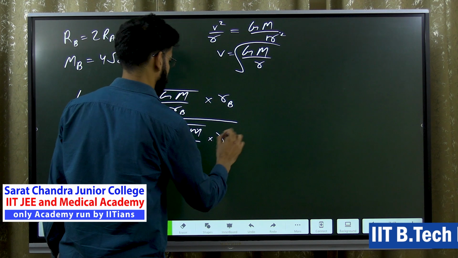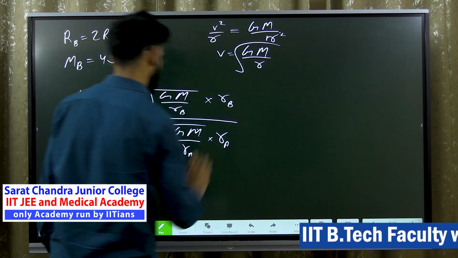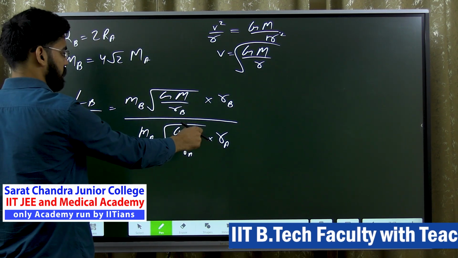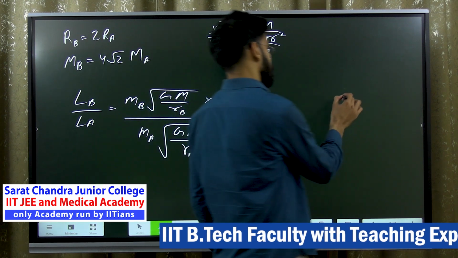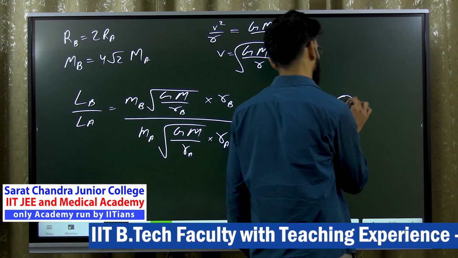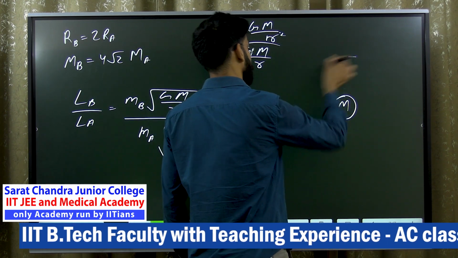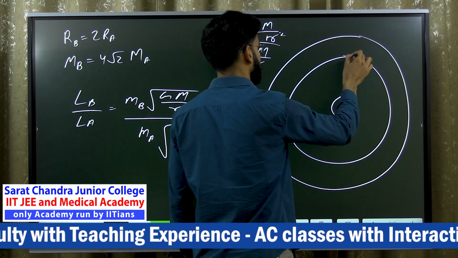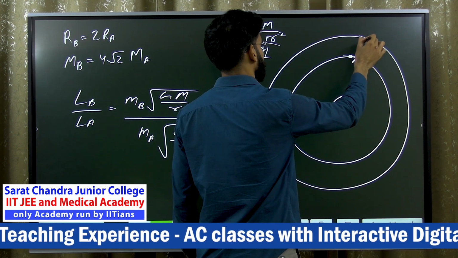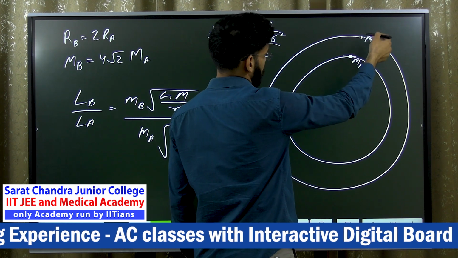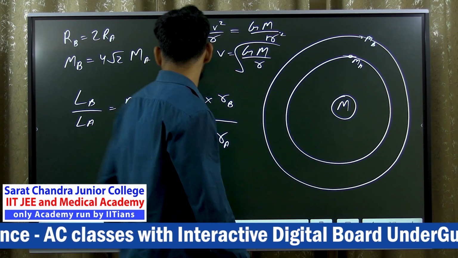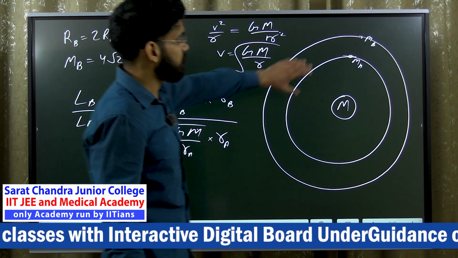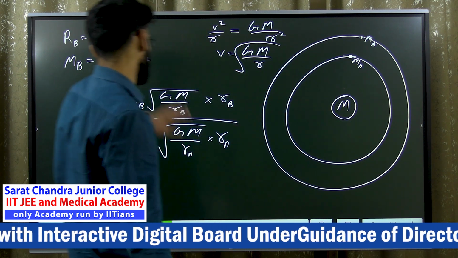So basically what is happening, there is a star with capital M mass, and there are two satellites, or you can say two planets, revolving around it with masses MA and MB. There is a relation between the radii, maybe A is bigger or B is bigger, I don't know. So capital M is the same.